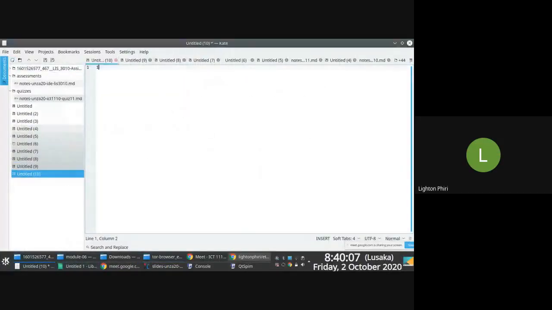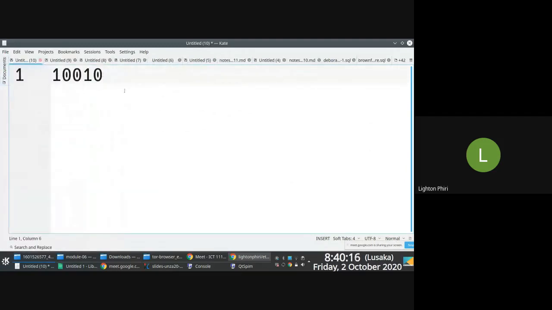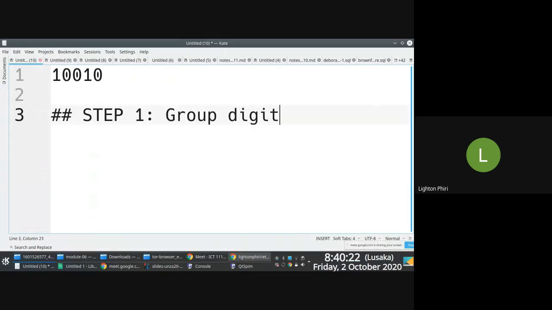So you're saying with 10010, this is what we're converting, 10010. Step 1, group digits into 4s. From right to left, we have this number grouped into 4s. 1, 2, 3, 4.